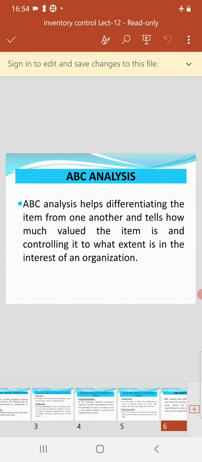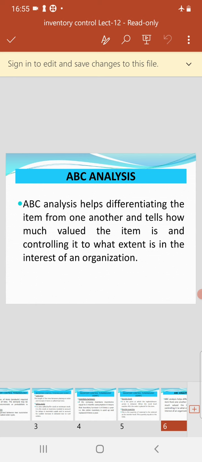Next is after ordering. When you have to keep the stock in the store, you have to adopt various methods for storing the material properly to maintain the smooth production schedule.